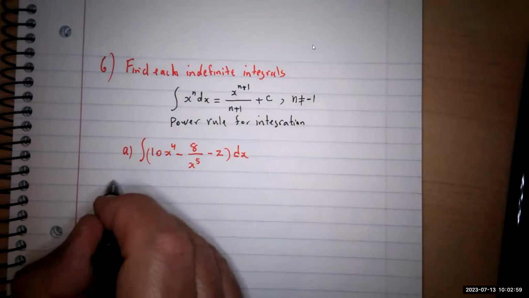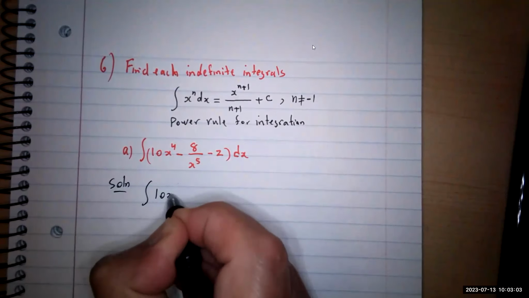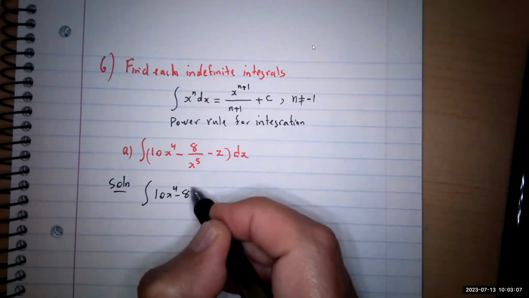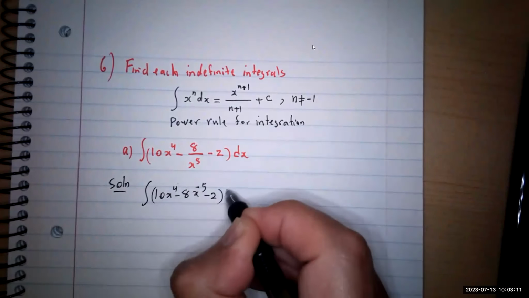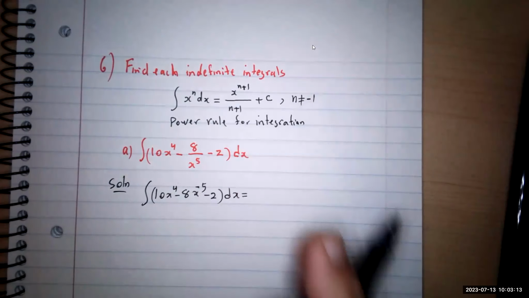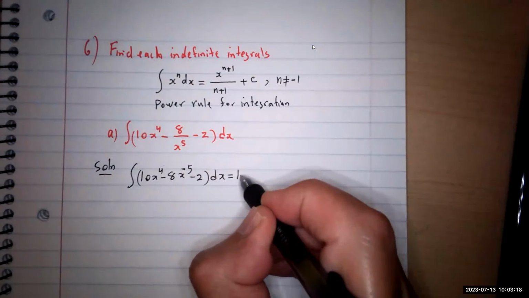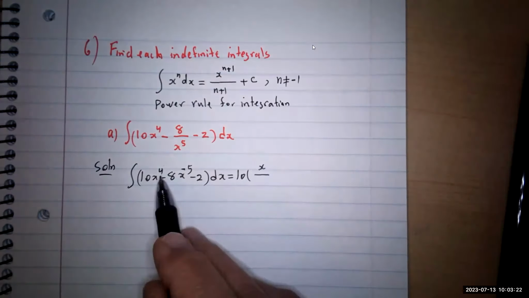So the solution is going to be, you rewrite it, it's going to be the integral of 10x to the 4th minus 8x to the -5 minus 2 dx. Now we operate this formula. 10 is a number, a coefficient, you keep it. Action of integration, move up the power.